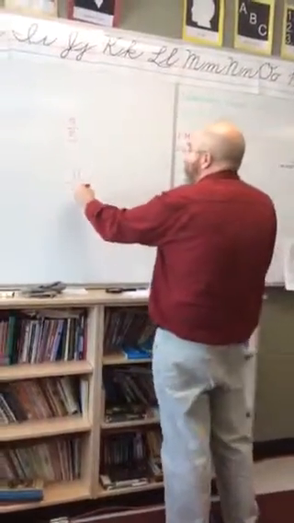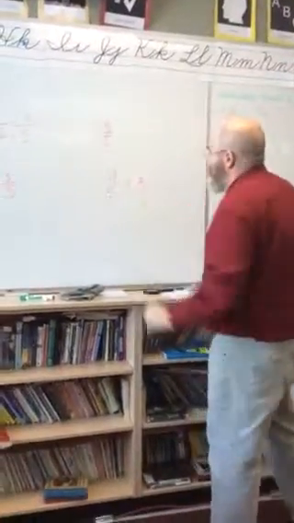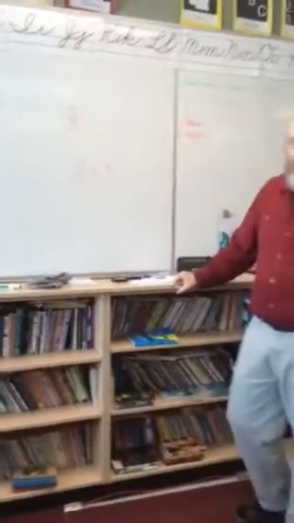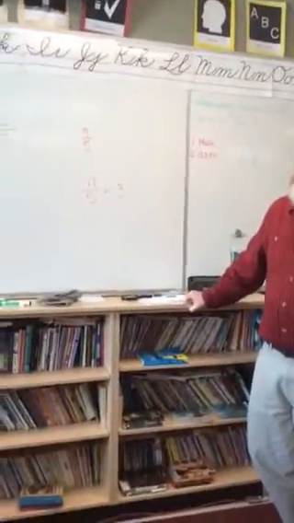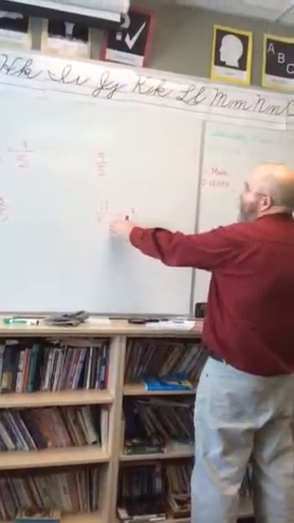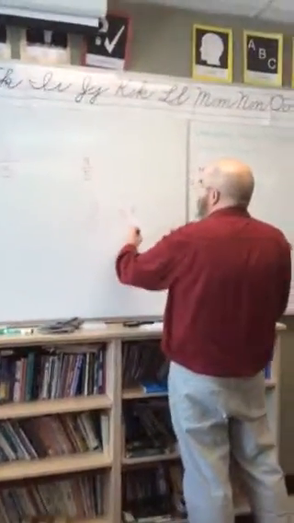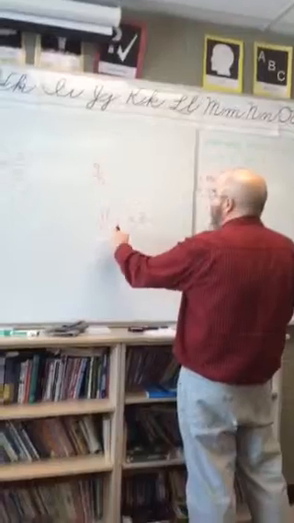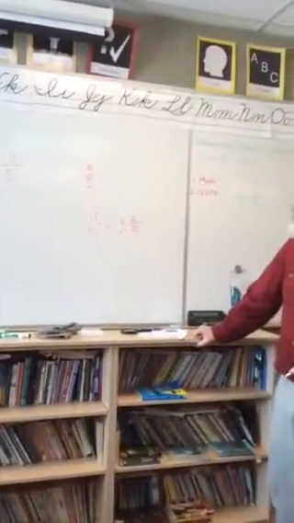I can see that the bottom number will go into the top number 3 times, but it's not equal, right? There's some left over here. So how much is left over? 2 is left over, because we went 5, 10, 15. So that means 3 and 2 left over the original denominator. So that mixed number is 3 and 2/5.